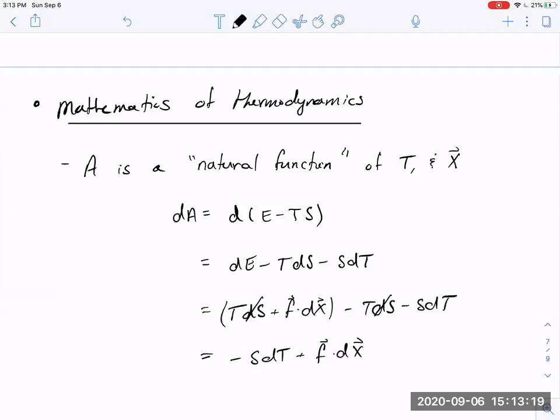So A is a natural function of some specific variables. What that means is that changes of that original function occur through changes of those variables. To say that the Helmholtz free energy is a natural function of temperature and the mechanical variables would be to say that differential changes in the Helmholtz free energy are affected by differential changes in the temperature and the mechanical variables.